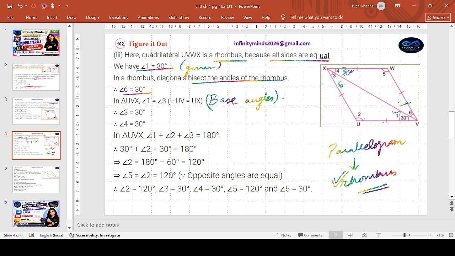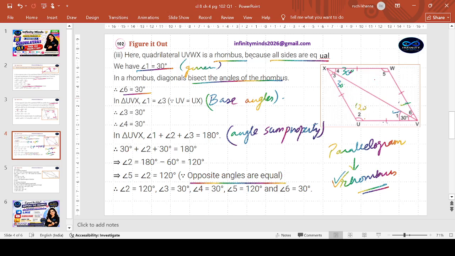Now the property of rhombus will be applied. This is also 30. Then angle sum property. In triangle UVX, applying angle sum property: 30, 30 and the measure of angle 2, and then using the property that opposite angles are equal.